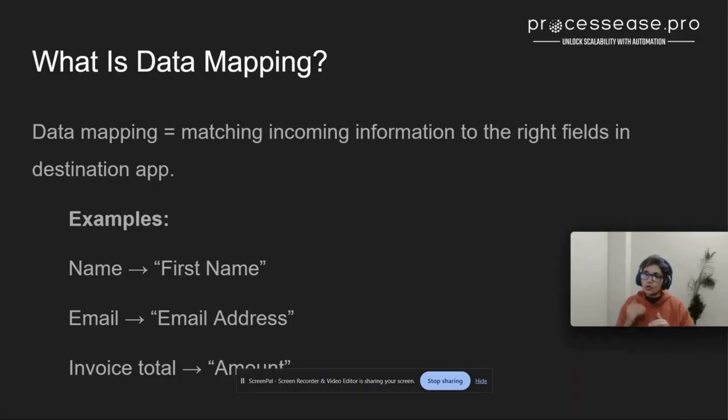You are not saving phone number to the email field by mistake, or saving a number field in a text field by mistake, which could cause errors in the system. So if you save a phone number to email, it may throw an error. It may or it may not, depends on the application, but in most cases it will, because there are validations set up in the system to ensure that the correct format of data is saved in the application. So that's about your data mapping.